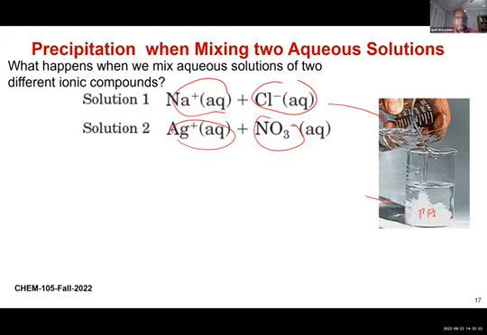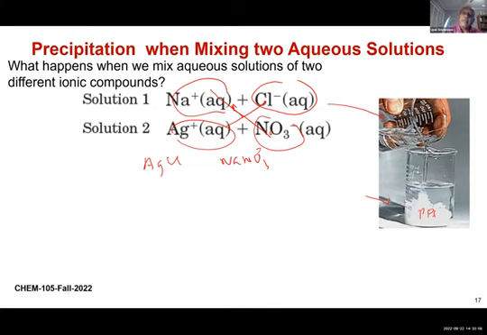How does the precipitate form? When you mix these four ions, there are new combinations formed. The new combinations are silver chloride and sodium nitrate.